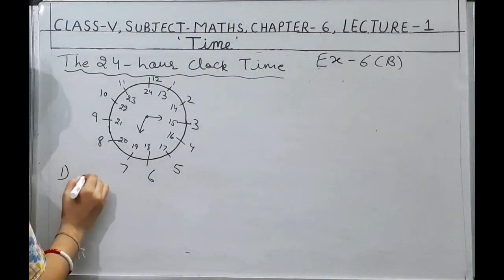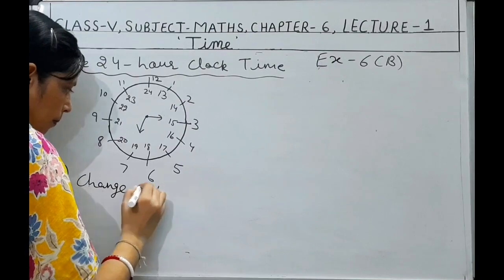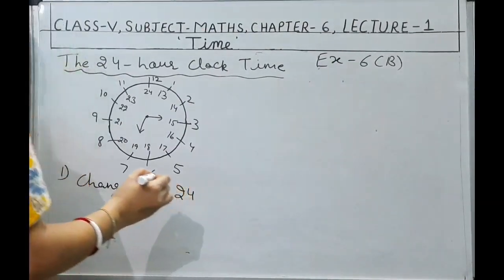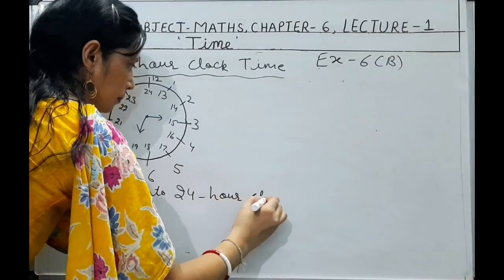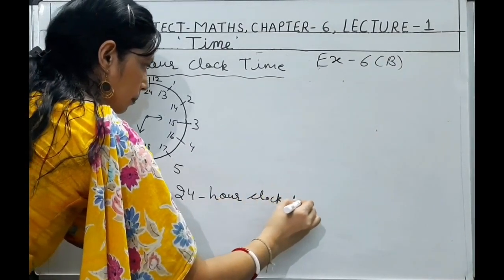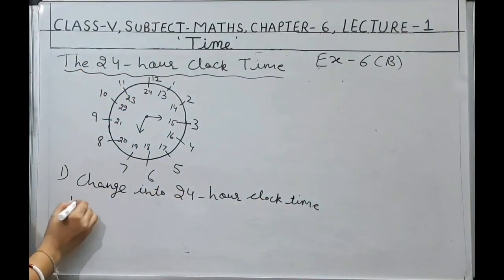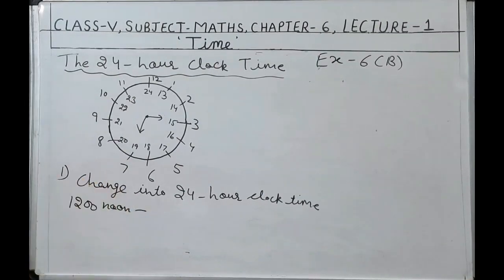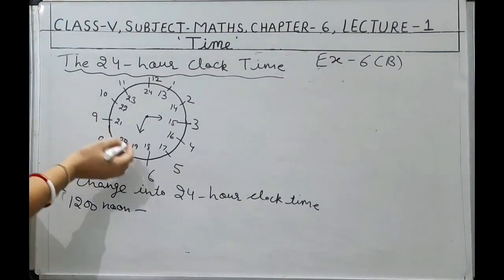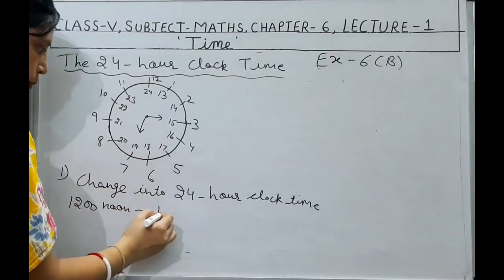Change into 24-hour clock time. Time is given to us. We have to change into 24-hour clock time. 12 noon, you all know, that is 1200 hours. I explained to you.